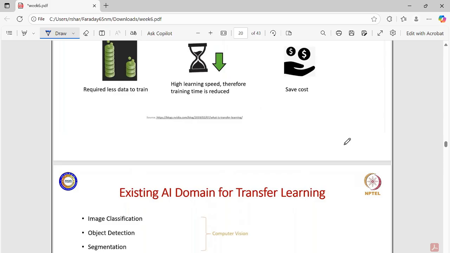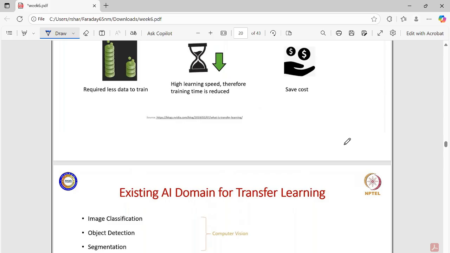Why use transfer learning? This saves time and computation. Training models from scratch can take several days or weeks and require huge computational resources. Transfer learning allows us to start with a model that has already learned useful features, so we can fine tune it.